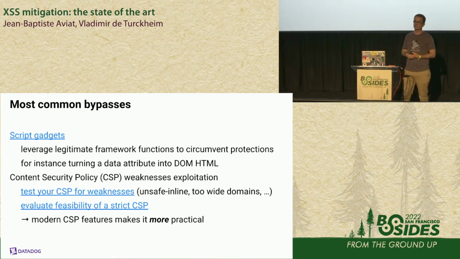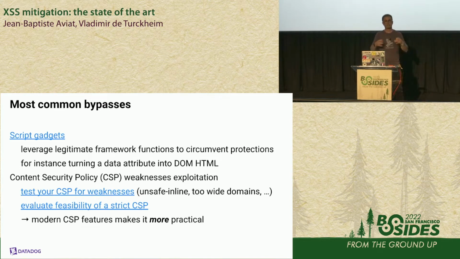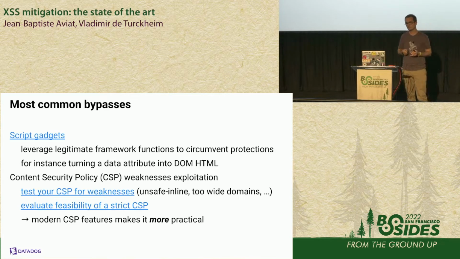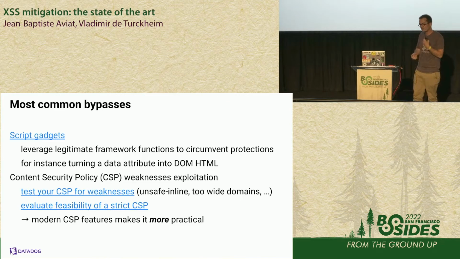And obviously, you have some common bypasses. One of the most recent and interesting ones is script gadgets. They assume that you found a cross-site scripting exploit somewhere, but that some protections are preventing the hackers from exploiting it. Script gadgets will leverage code from the frameworks to actually inject something that will get executed by the framework, which obviously is authorized, and will actually reach JavaScript execution.